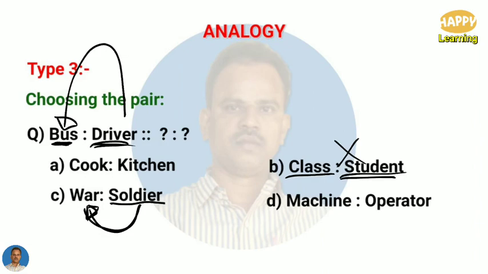Soldiers are just participants of the war. So machine, operator. An operator operates the machine, like a driver operates the bus. So machine operator is the answer. Okay, right. Next.